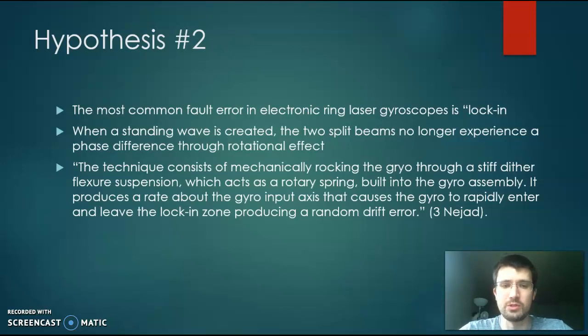But my research, through the quote here, shows that if you can constantly monitor the dither frequency of the gyroscope itself, you can better move the lock-in frequency out of that area, and this provides better prevention of a standing wave.